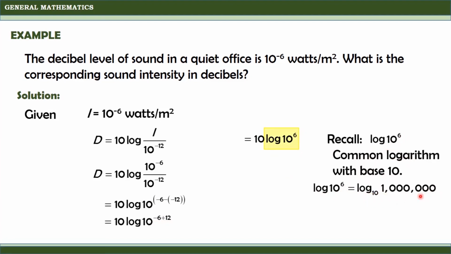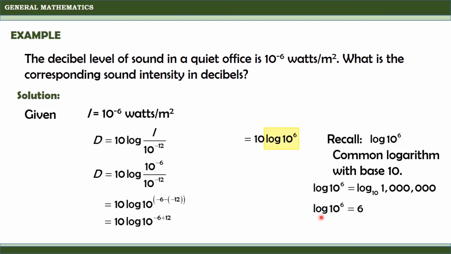Looking for the exact value of this expression, recall that when you are asked what is the logarithm of 1 million, it is the same as being asked what should be the exponent of 10 to become 1 million. Therefore, logarithm of 10 raised to 6 is equal to 6. This means that we need to multiply 10 six times to itself to become 1 million.